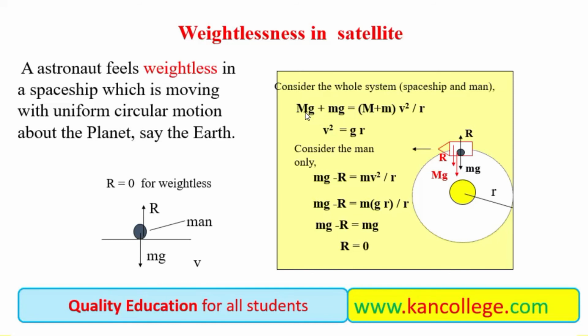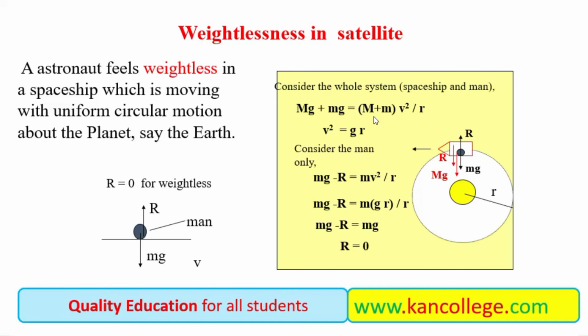That is the pull of the Earth due to the mass of the satellite and the pull of the Earth due to the mass of the astronaut. This weight force will be providing the centripetal force to the whole system, satellite and astronaut.